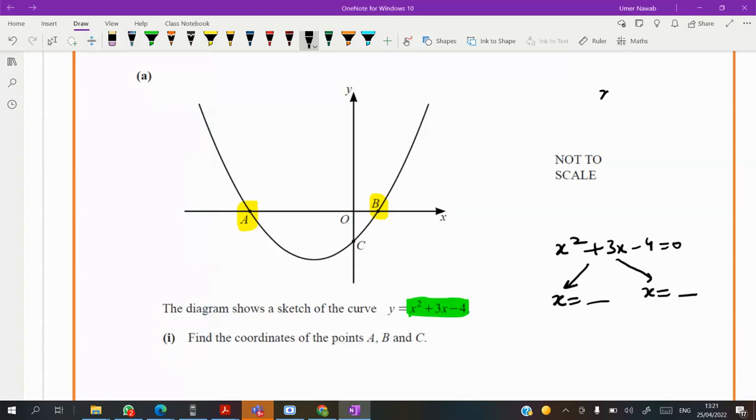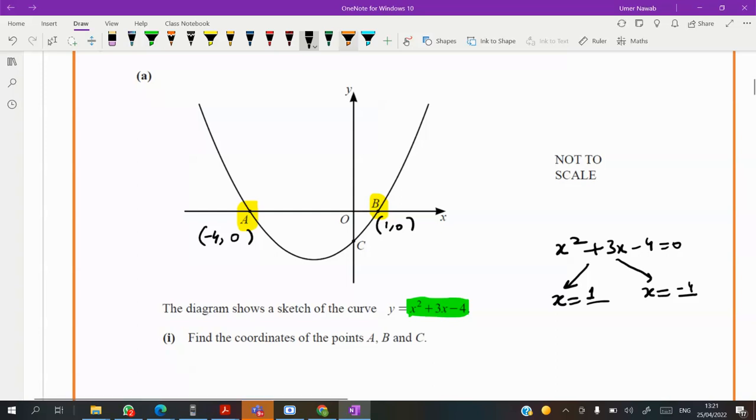So x equals 1 and minus 4. You say, this should be minus 4 because it is on the negative x-axis side. What is the y coordinate? If any point is on the x-axis, the y coordinate is automatically 0. So here it is 1, 0. Wow, we found point A and point B.